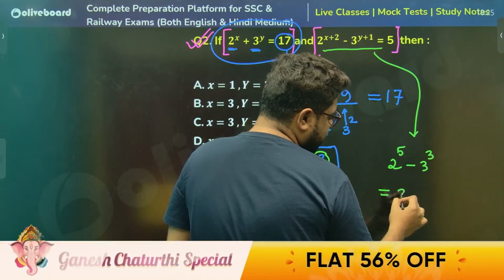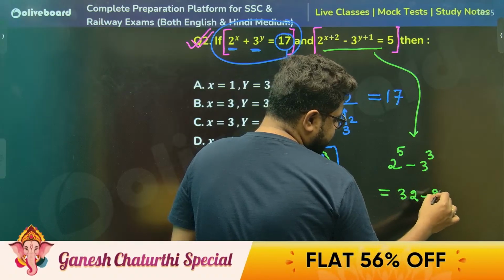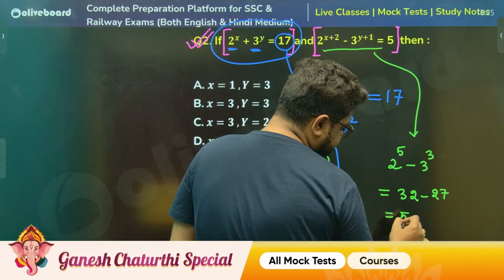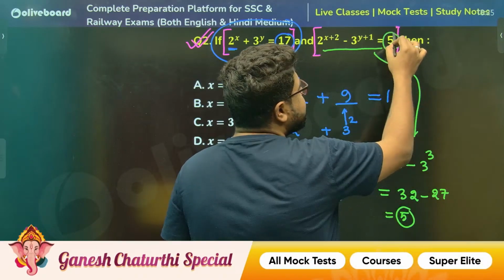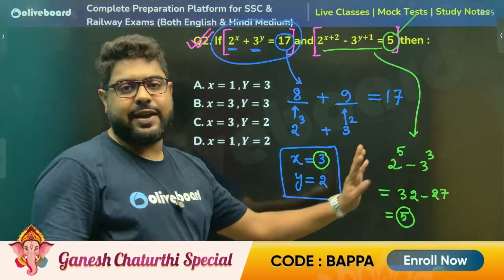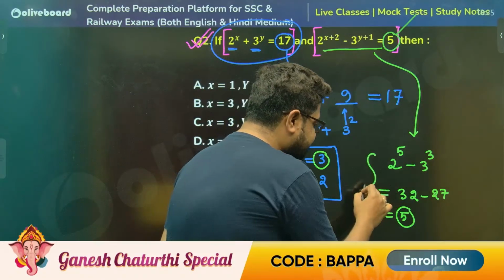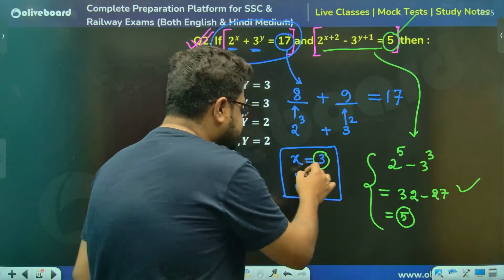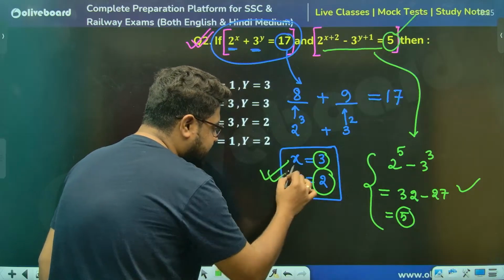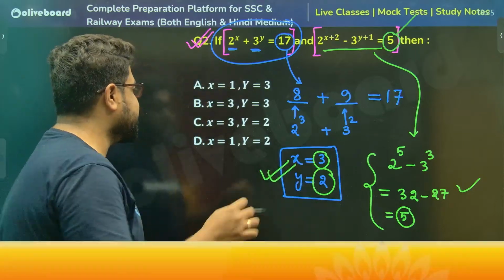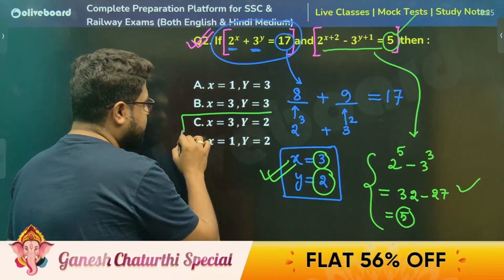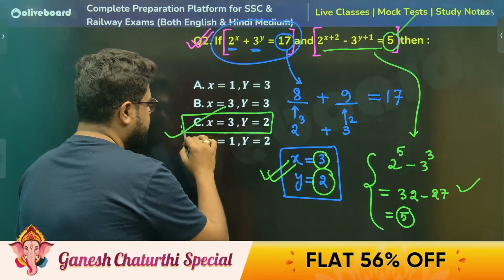So 2 to the power 5 is 32, and 27. Sir, the difference is 5. Is it 5 on the right-hand side? Yes, sir. So it is also satisfying. So whatever I've taken is absolutely correct. This is my answer, x equals 3, y equals 2, that is option number C, sir.